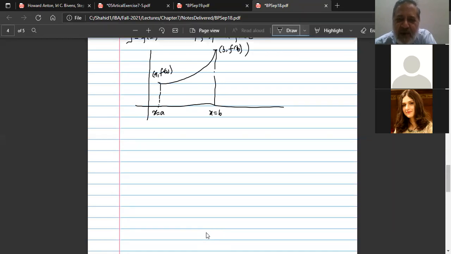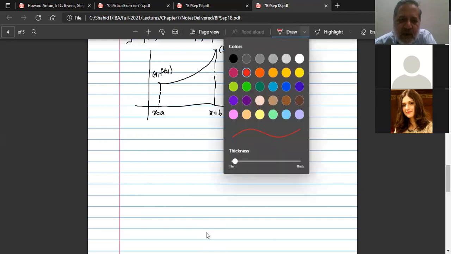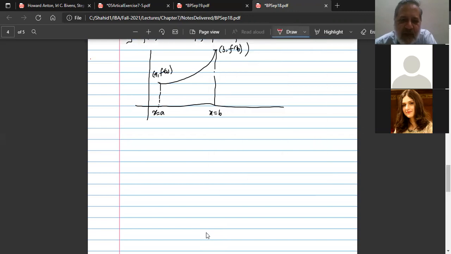Somewhere in the middle, there will be an average value of the function. That I can write down as f(a) plus f(b) divided by 2. That is the average height of the graph.